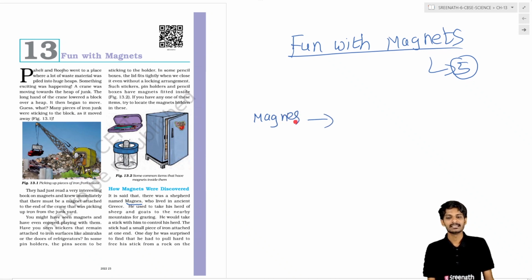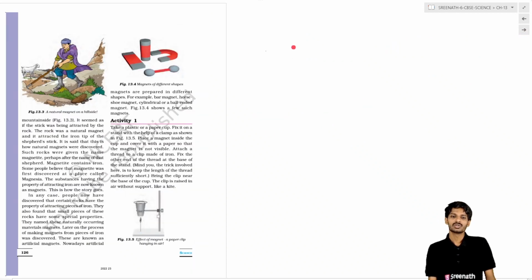What does he have? He has one stick. At one end it has an iron cap. When he takes his sheep to the hill area, and when he is walking with that stick on the stones, what happens?